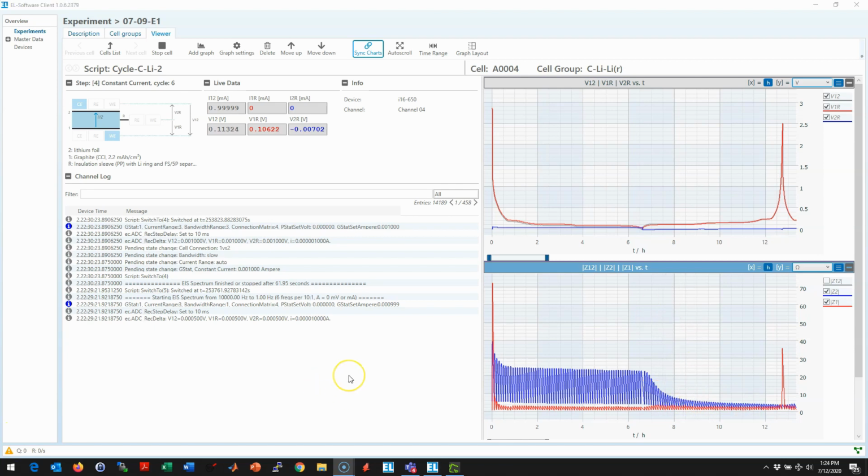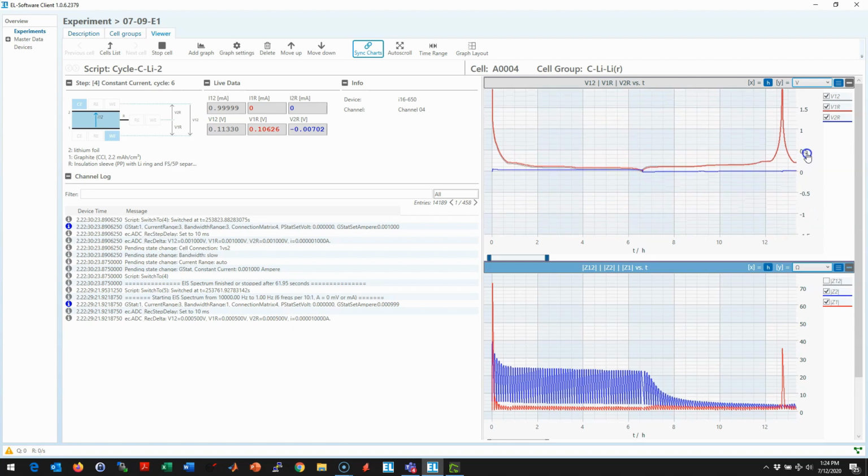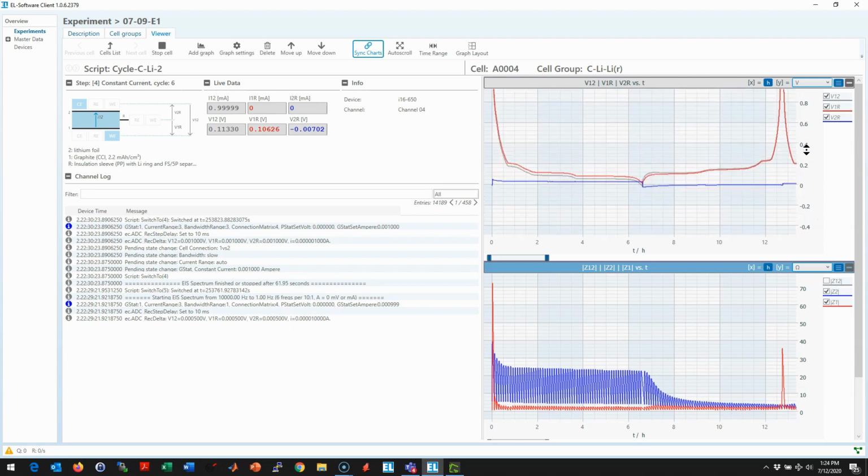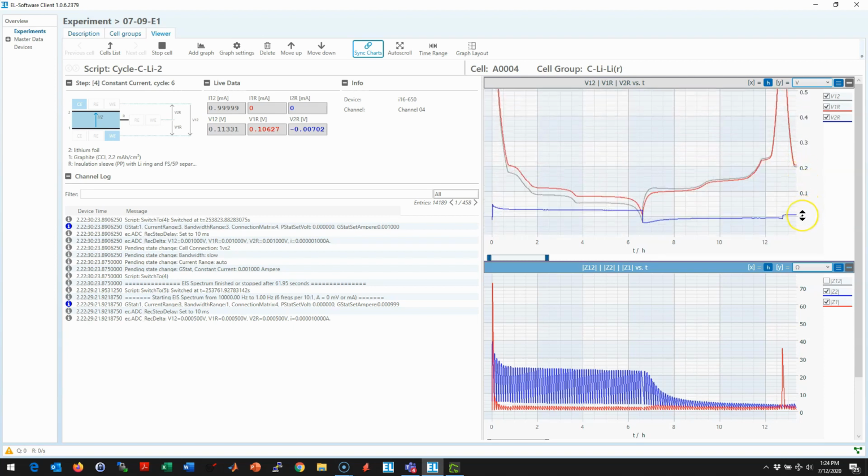And this fact can also be seen in the overvoltage of the lithium metal electrode. We go into this diagram and enlarge the y-axis. And now you can see the pretty high overvoltage for the lithium metal electrode during dissolution of lithium metal.